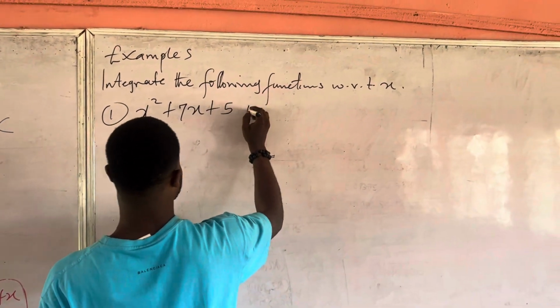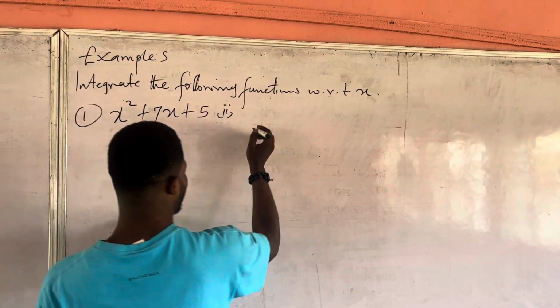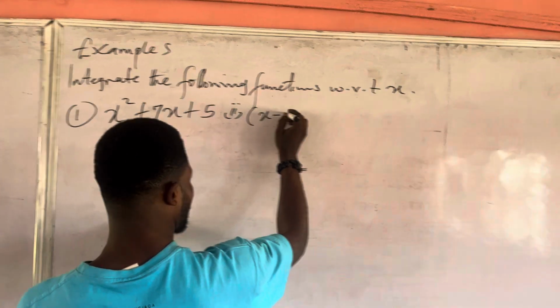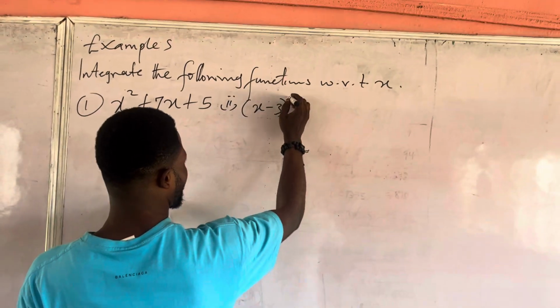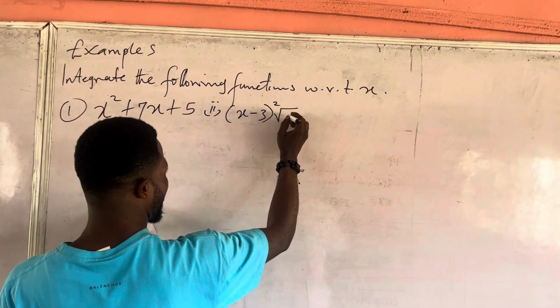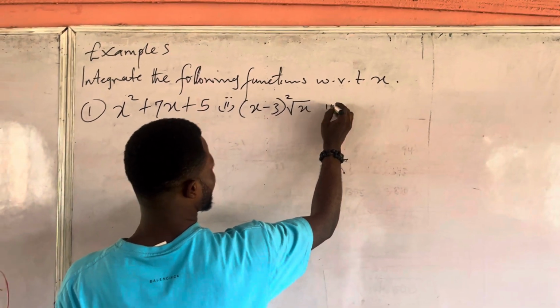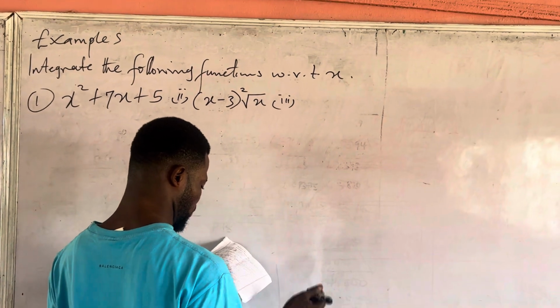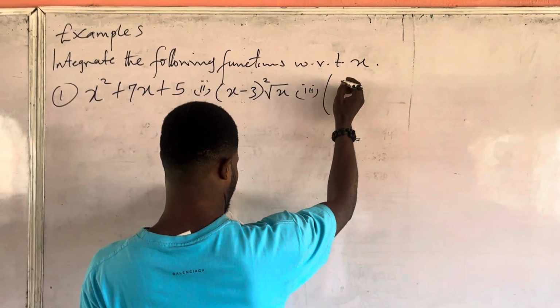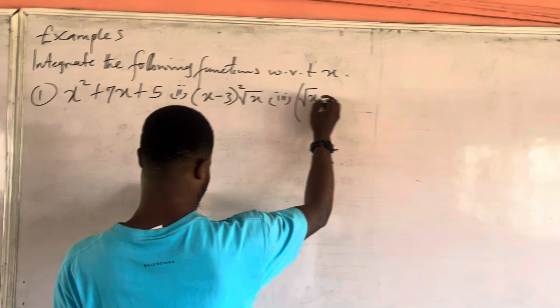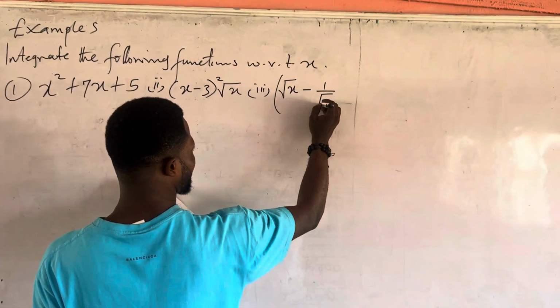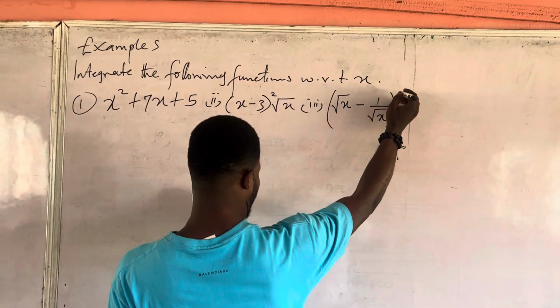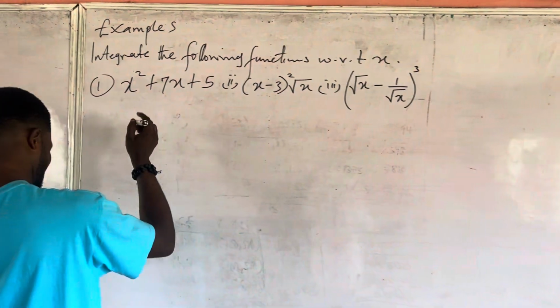Number 2, we have x minus 3 times the square root of x. Number 3, we have root x minus 1 over root x, all raised to the power of 3.